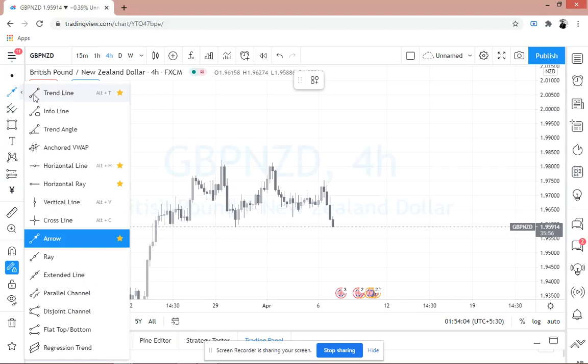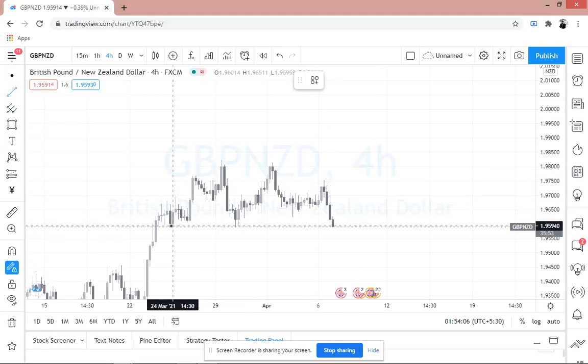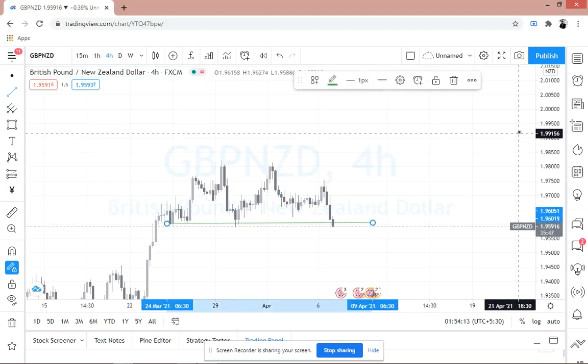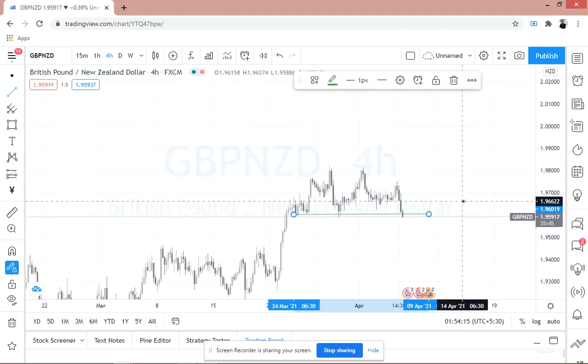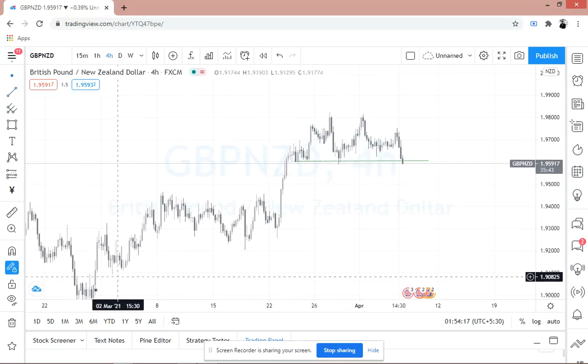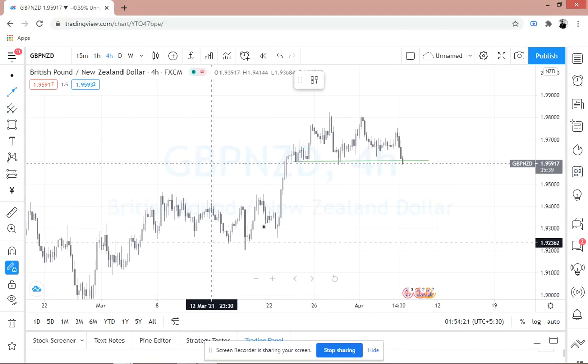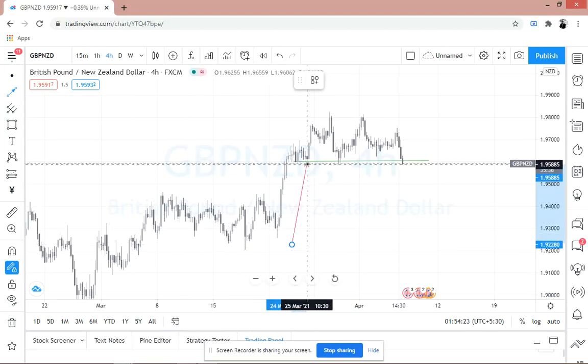So here we have buyers at this area. The market is moving upward. You can see the market is moving upward.